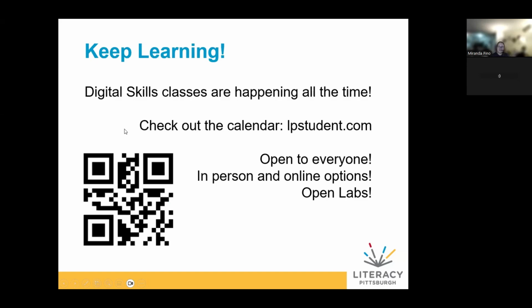All right. So that was a very quick overview of using email and setting one up, having a username and password that are appropriate and secure. So if you found this interesting or want to learn more or learn this all at a slower pace, digital skills classes are happening at Literacy Pittsburgh all the time.